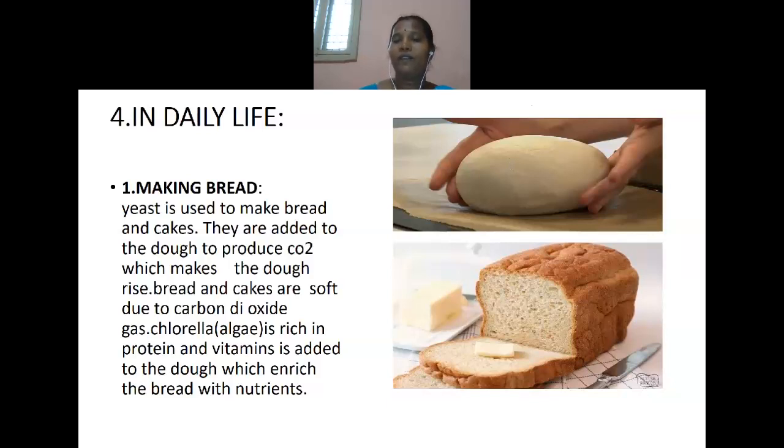How does it become fluffy? They use yeast. Yeast is one of the microbes. This yeast carries out aerobic respiration. During this respiration, they produce carbon dioxide, and this carbon dioxide makes the dough soft and fluffy. That's why we can see small holes in the bread.